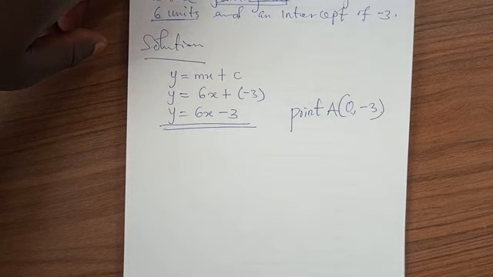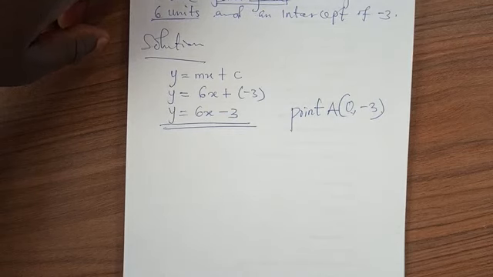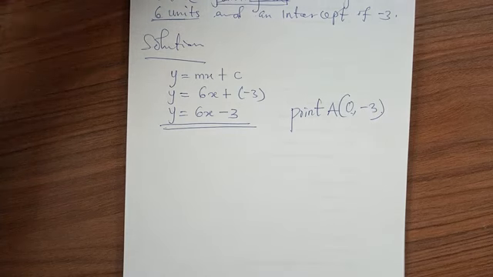Even if not pronounced, students should always take note. Once a gradient is given with a point where x is equal to 0 and y has a value, then that is the y-intercept. Students should always substitute the value of c to be y.